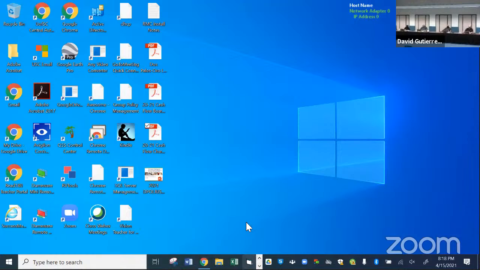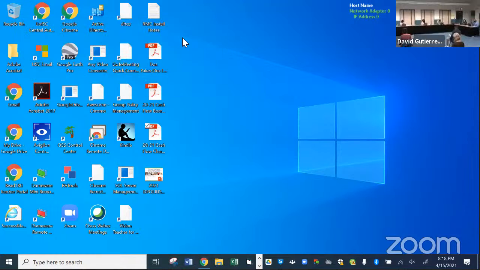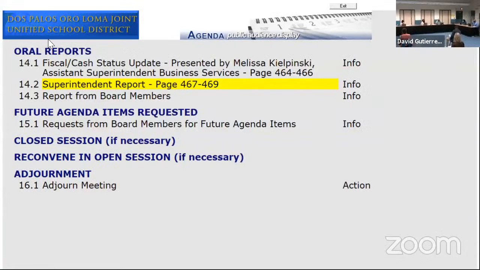14.2 Superintendent Report. I'm just excited to report so many kids back on campus. The number of kids, especially at the elementary levels, I think we're at about 85 to 90% of kids on campus, which is special. A lot of districts are not in that place right now. And we have the opportunity to bring that many kids back on campus.